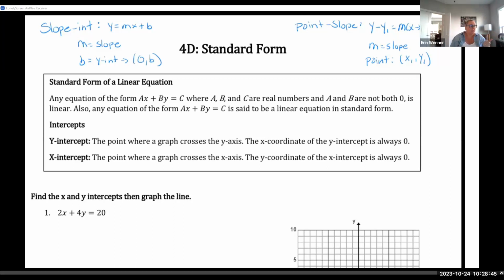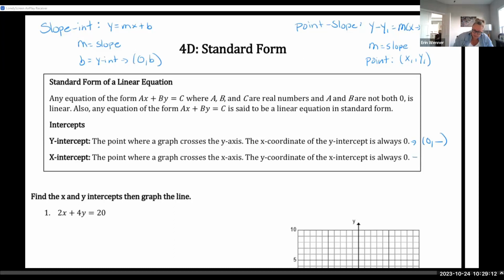So the y-intercept is the point where a graph crosses the y-axis, and the x-coordinate of the y-intercept is always 0. So the y-intercept we would write as the point 0 and then some value, okay? Well, the x-intercept is the point where the graph crosses the x-axis, and the y-coordinate of the x-intercept is always 0.